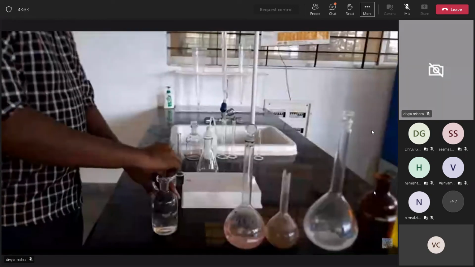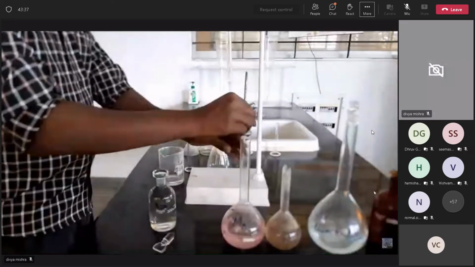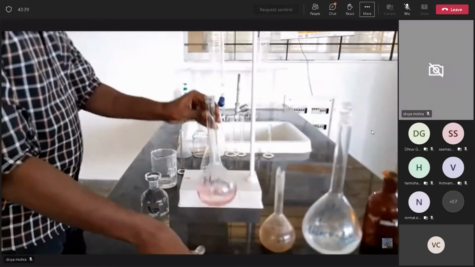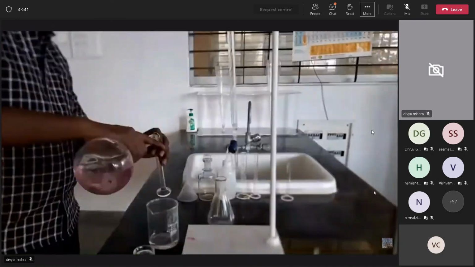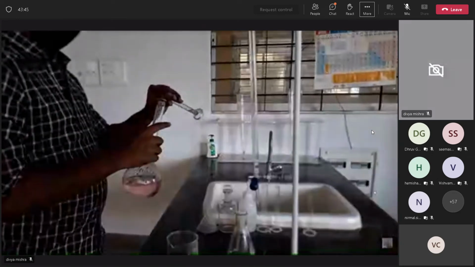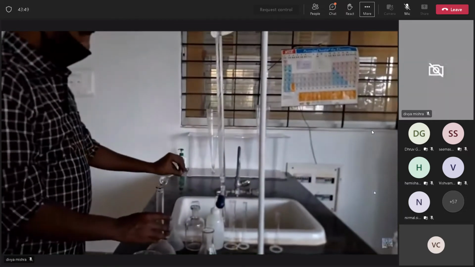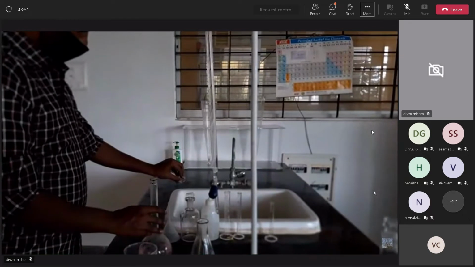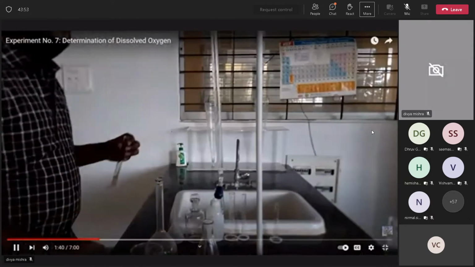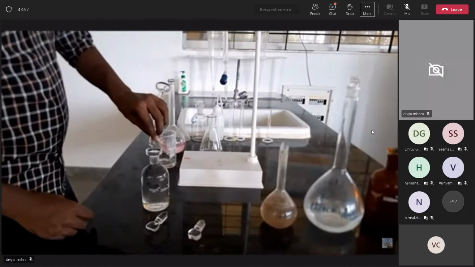Now the reagents, that is manganese sulfate and alkali iodide azide, 2 ml each, will be added. 2 ml of manganese sulfate is measured and added to the sewage sample.